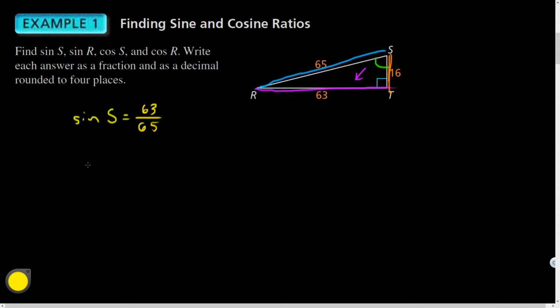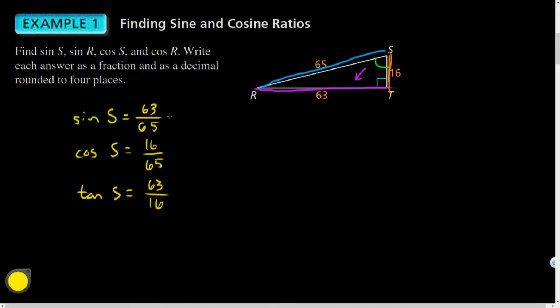Done. The cosine from angle S's perspective would be the adjacent to hypotenuse ratio. So 16 to 65. Right? And while we're looking from angle S's perspective, what would the tangent of S be, even though this problem didn't care to ask? Opposite to adjacent, excellent, would be 63 over 16.